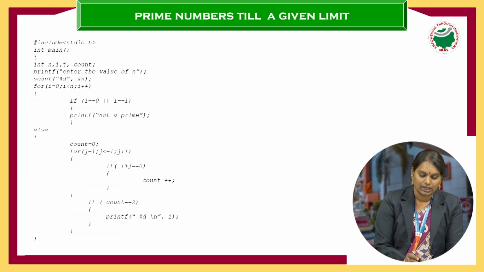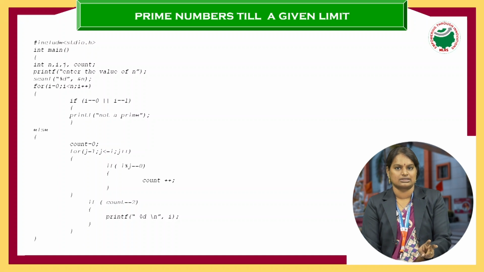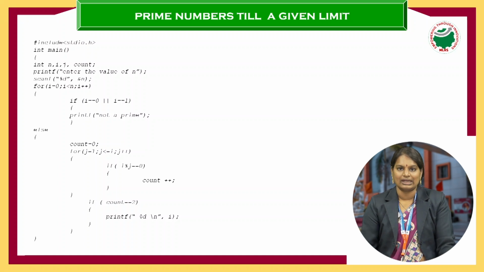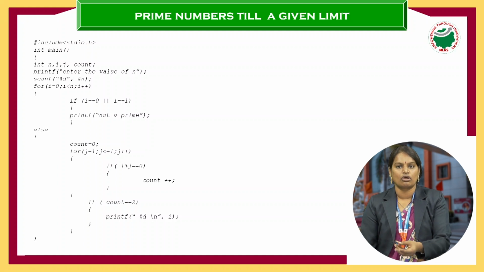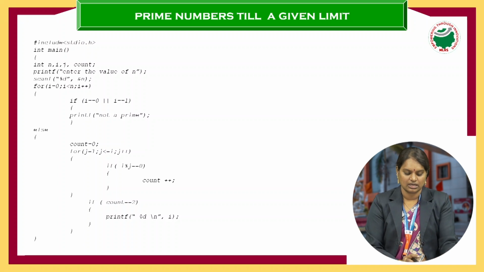But before that, we have skipped two things. That is, I is equal to 0, that means first number when it is 0 or 1, they are not prime. But I did not write in my code anywhere that print those two are not prime numbers. Now I have extended my code.